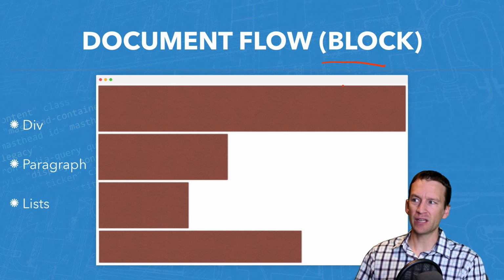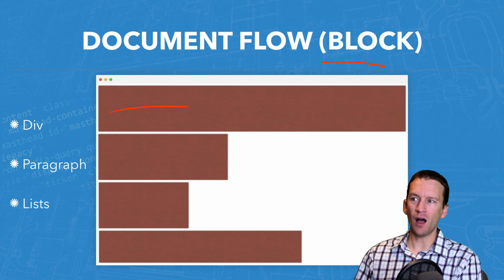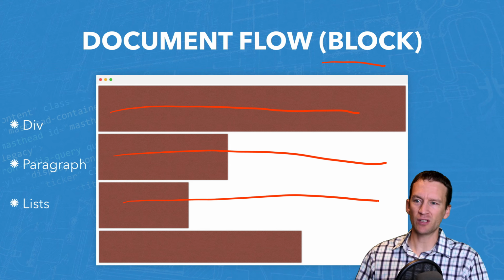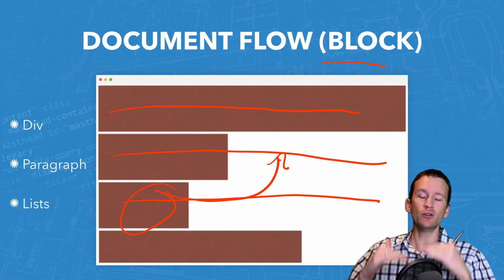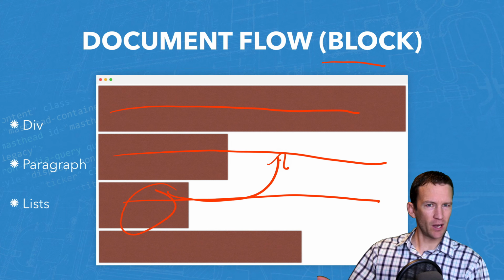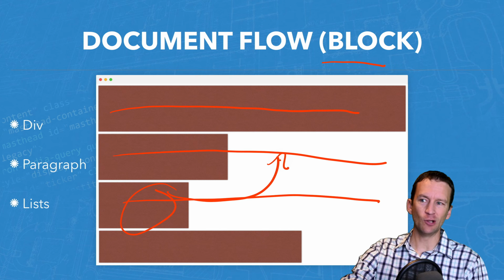Block level tags are like divs, paragraphs, lists over here, meaning they occupy an entire block of space. So these guys are taking up these entire horizontal lines. Even though this element down here is smaller than this, it's not going to go up and sit next to this guy because they're block, meaning they force each new element to be on its own block or line. So that's kind of what block level tags look like.